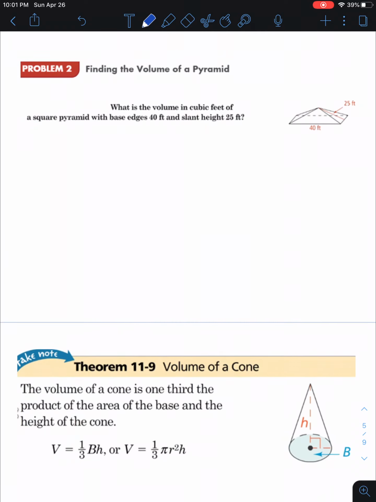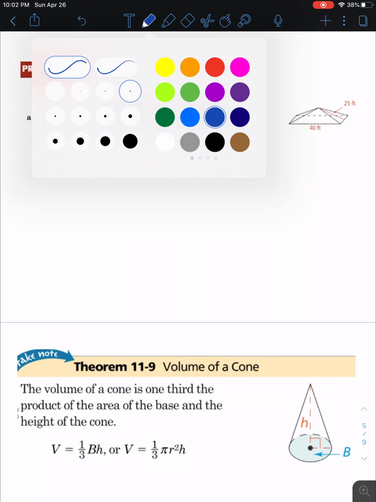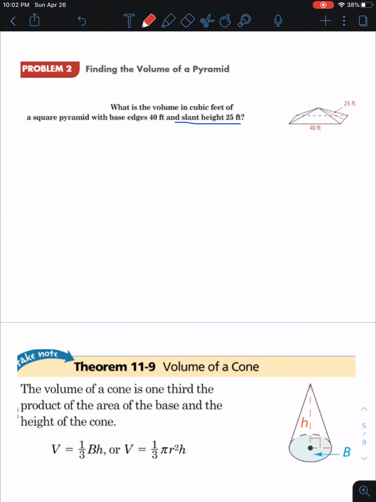We got one more. Finding the volume of a pyramid where they give us the slant height this time instead of the actual height. So the slant height is 25. So what we're going to have to do on this one is create our own little right triangle. So I'm going to do a little right triangle up here, and 25 was the slant.